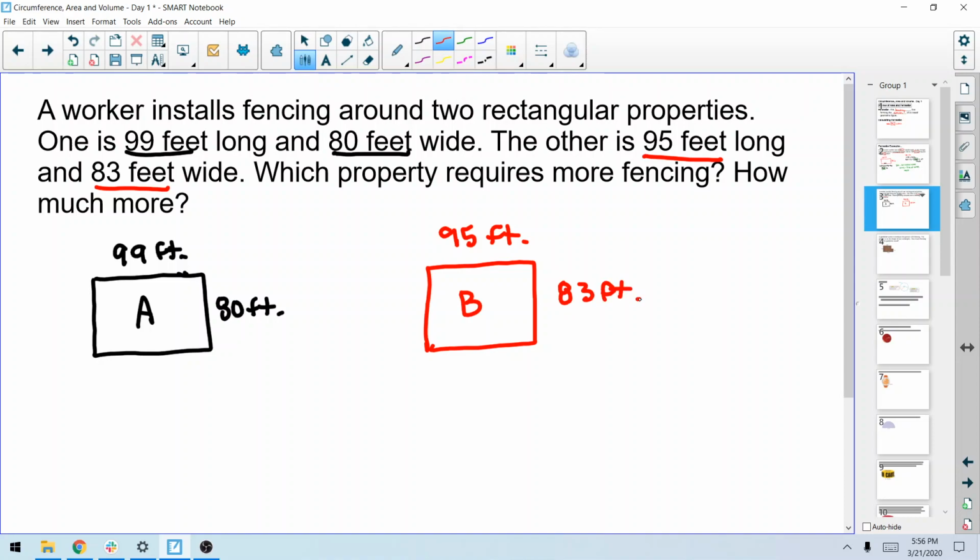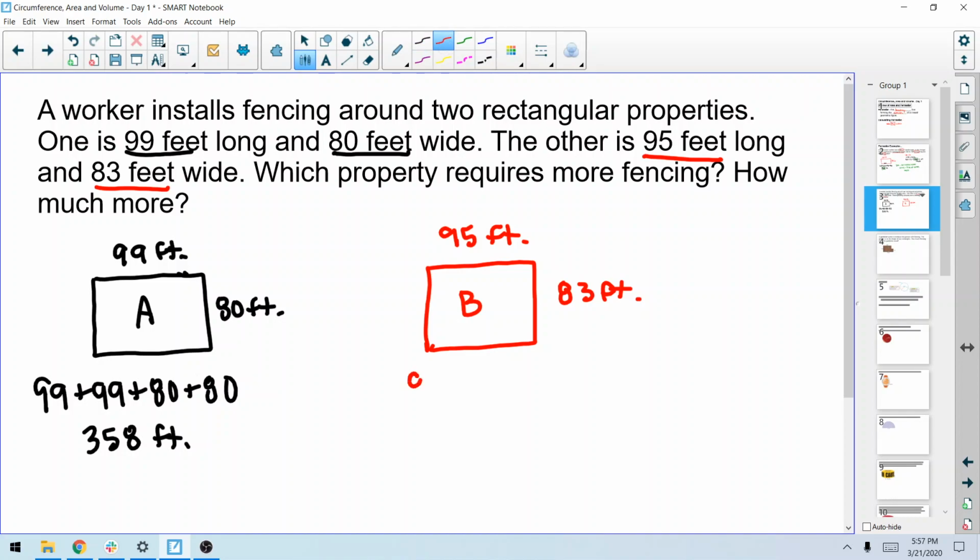They want to know which one requires more fencing. They're talking about the distance around the outside, so we're going to find perimeter. 99 plus 99 plus 80 plus 80. If you're familiar with doing 99 times 2 plus 80 times 2, absolutely, that works. When we add all that up, I got 358 feet of fencing.